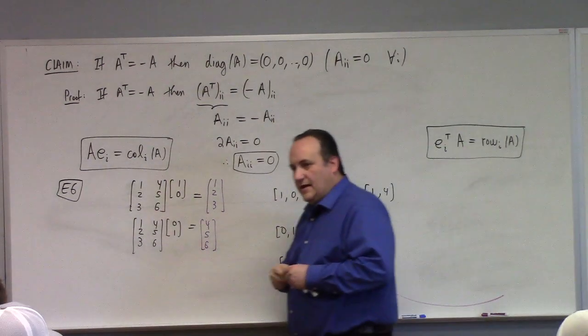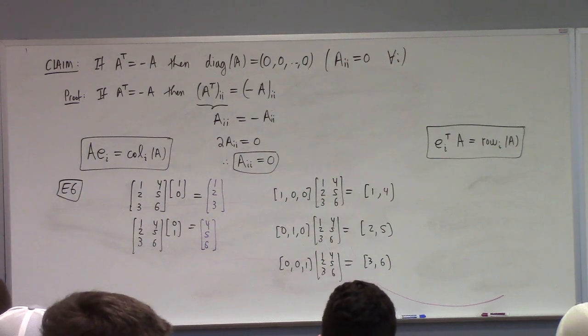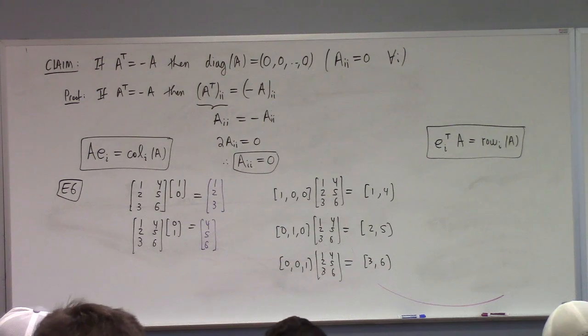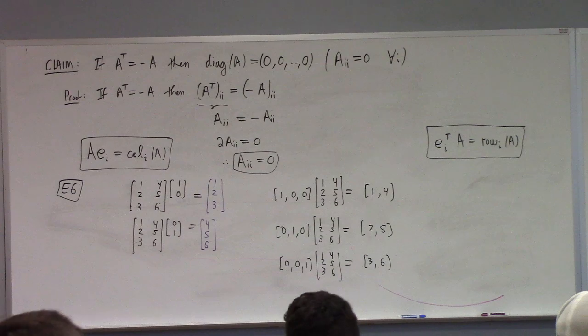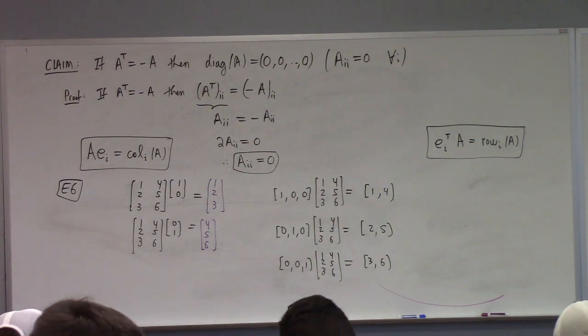If you want to select the ith row of a matrix, you can multiply on the left by the transpose of the ith standard basis vector, and it will select for you the ith row of the matrix. These are important observations. We will use these over and over again in simplifying various matrix calculations.